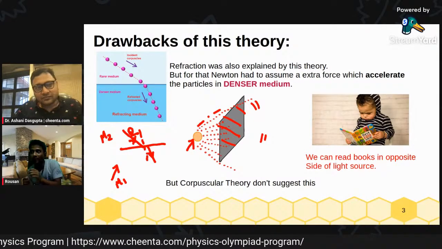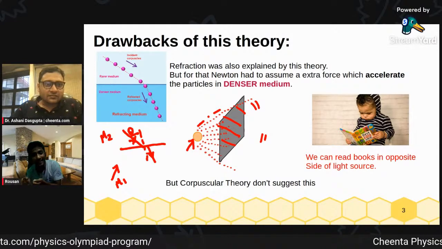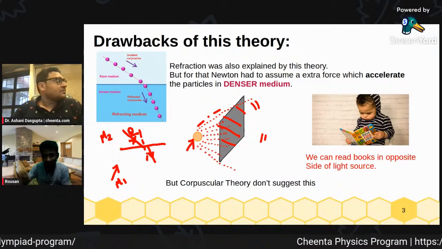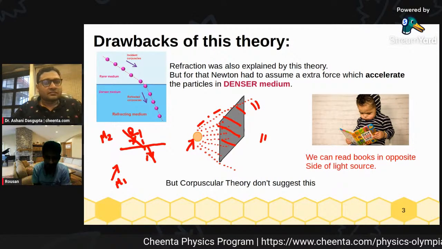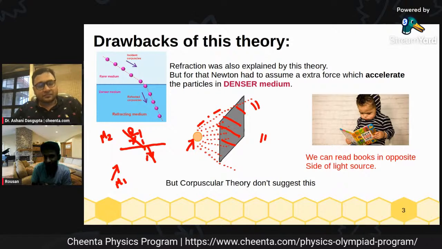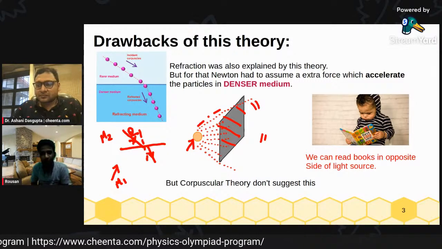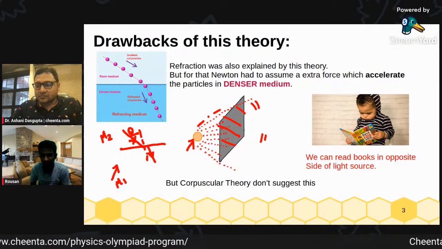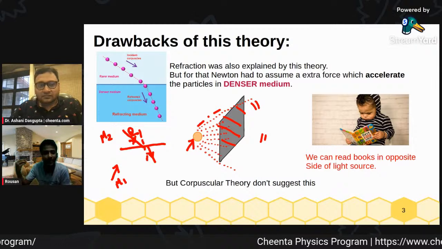But when there is a transparent object, Newton assumed that the particles can actually go through. When you take some opaque objects, which completely block the light, for those cases, what will happen? They will come and just bounce back. That is the whole idea, because they are balls. It's like you take some balls and throw them at the wall, they will completely bounce back, right?